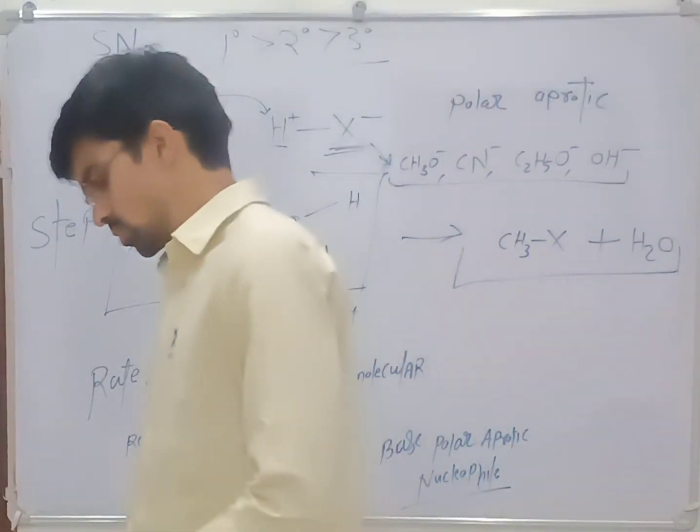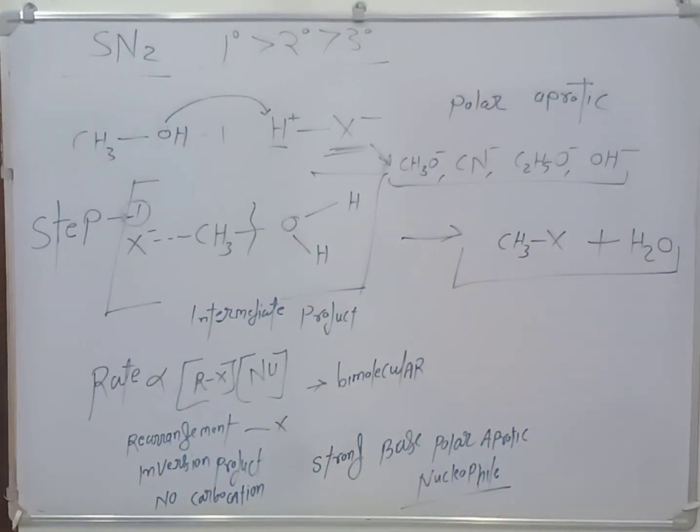So this is all about the SN2 type of reaction. One thing you always have to remember: in an SN1 type of reaction the carbocation is formed, so we prefer the 3-degree carbon, then 2-degree carbon, and in an SN2 type of reaction we usually prefer the 1-degree carbon and a strong nucleophile.